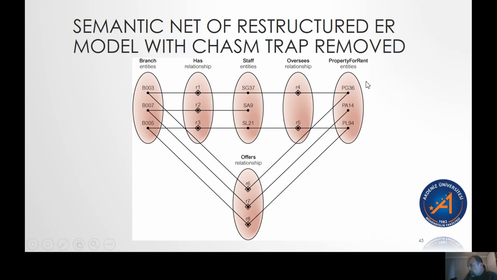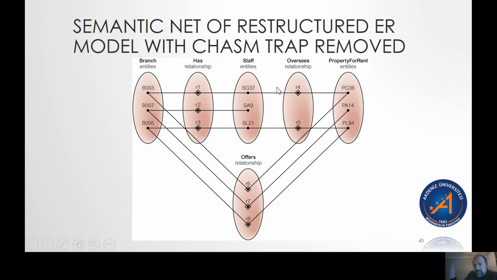The reason this is going to have its own complications is that this branch offers a certain property. So for a property for rent, we could learn what branch it's associated with through this offers relationship directly to the branch. Or we could also learn which branch it's being offered by looking through the staff relationship, through the staff entity.